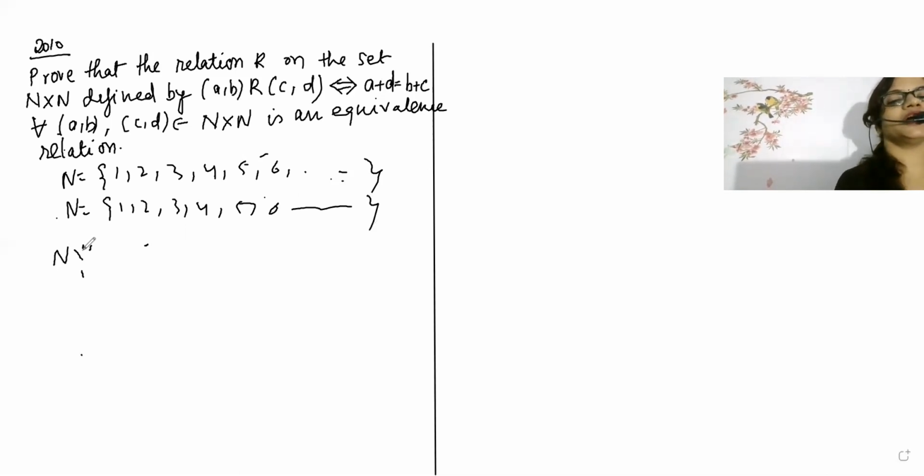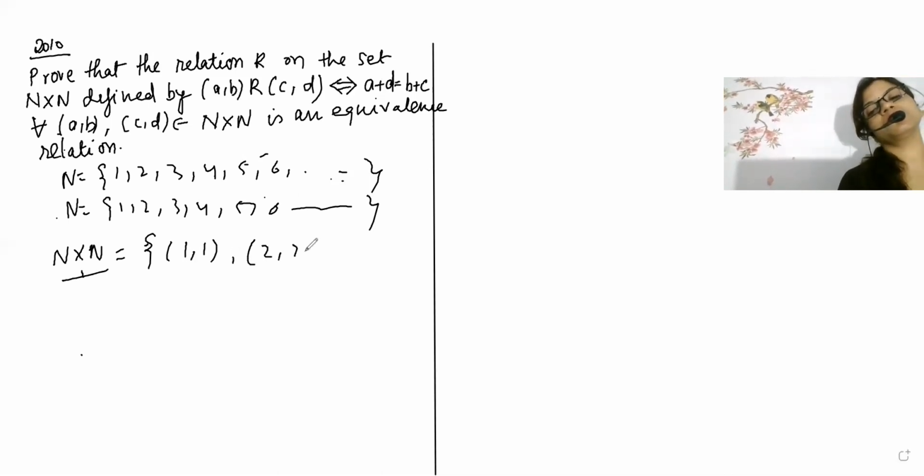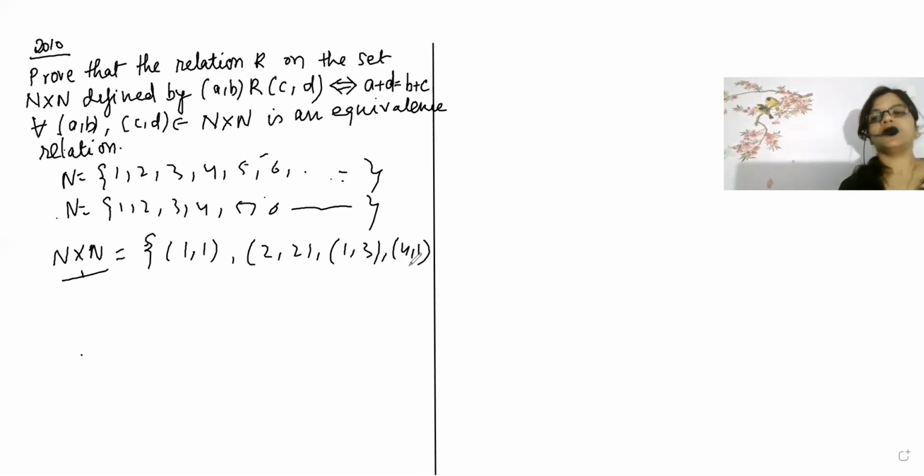But when you do the Cartesian product N cross N, what will you take? This Cartesian product will have elements like (1, 1), (2, 2), (1, 3), and it will keep on going.